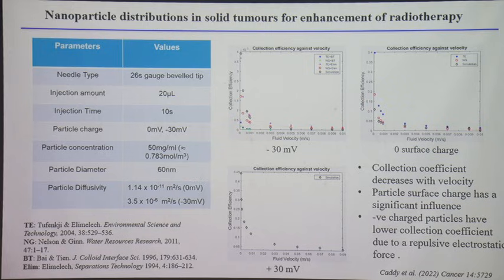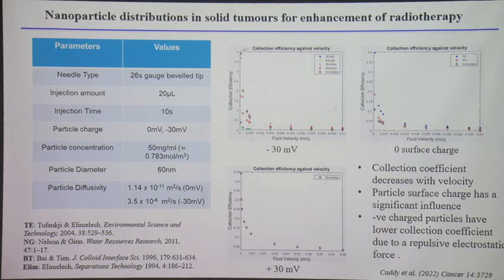I think what we observed from this simulation is that the collection efficiency decreases with the fluid velocity, and this trend is the same for all these particles. The other thing is that the particle surface charge has a significant influence on the collection efficiency. If you just look at the trend, they seem to be the same, but the magnitude is actually very different.